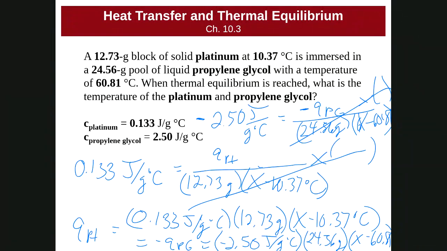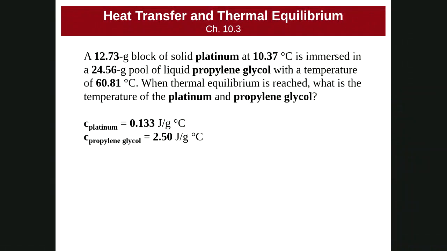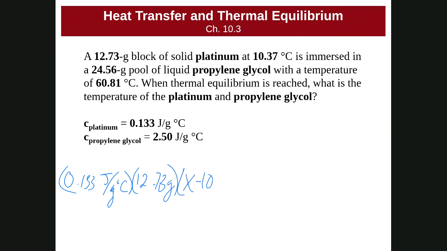All right, so now I'm going to rewrite this. It's a long one, so we're going to need a lot of room. So we've got our 0.133 joules per gram degrees Celsius times our 12.73 grams of platinum times X minus 10.37.